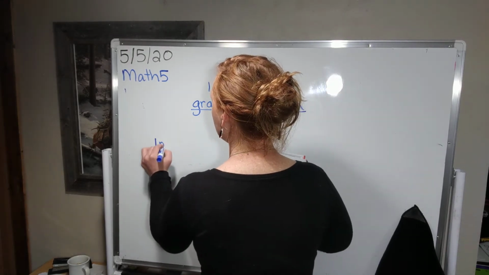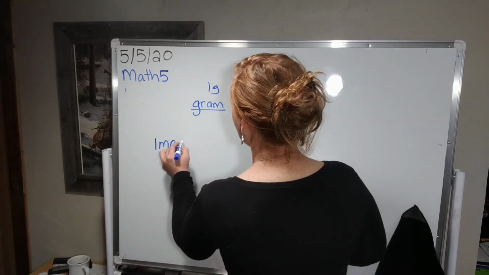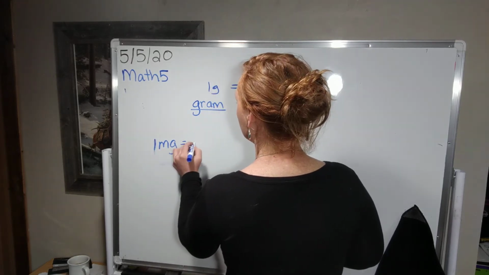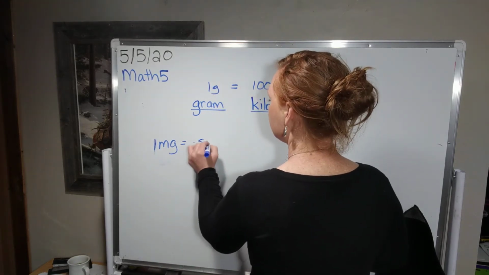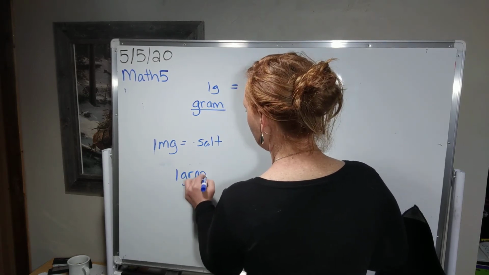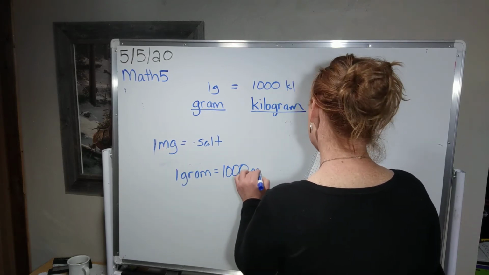So 1 milligram, okay, is, well, sorry, 1 milligram is equal to a little piece of salt. Okay, so 1 gram is equal to 1,000 milligrams.